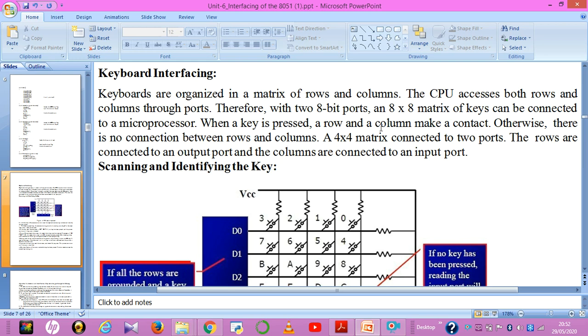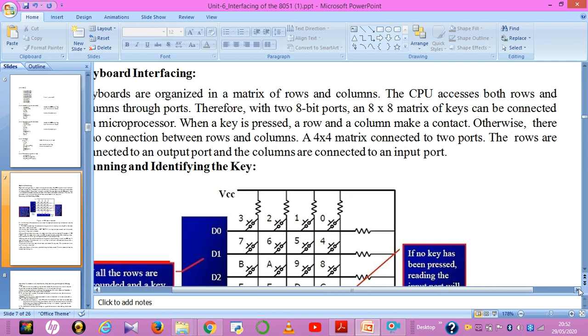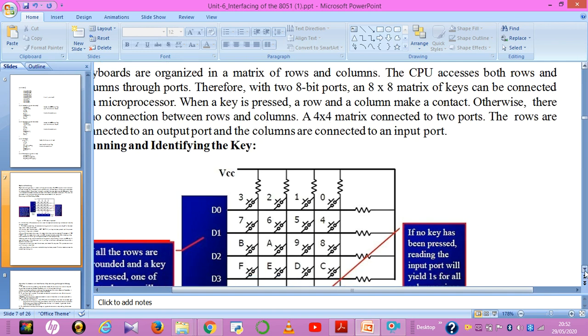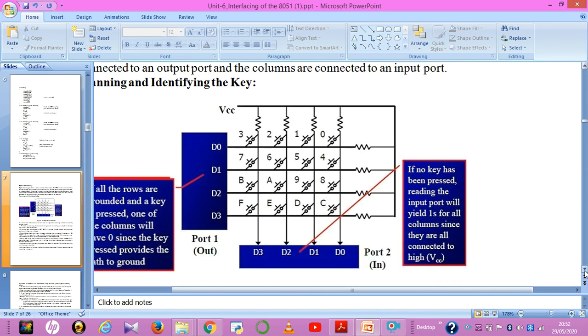When a key is pressed, the row and column make contact; otherwise there is no connection between rows and columns. Whenever you press a key, it makes the connection between the rows and columns of the corresponding key.